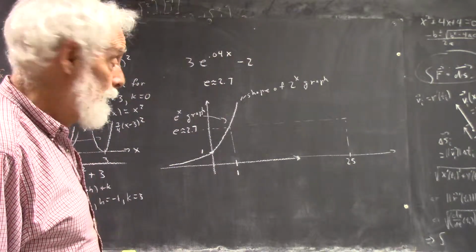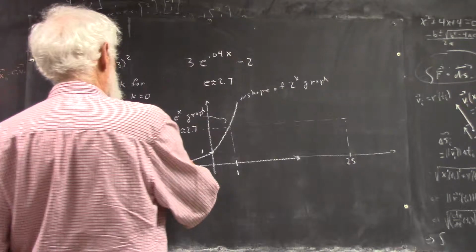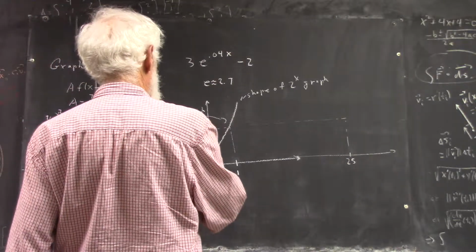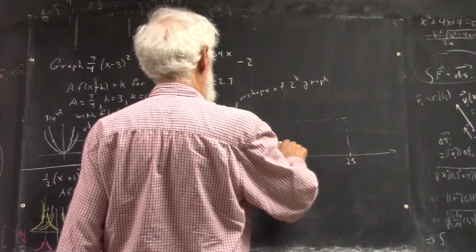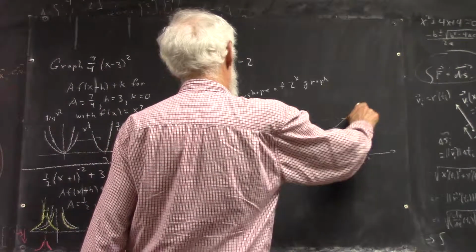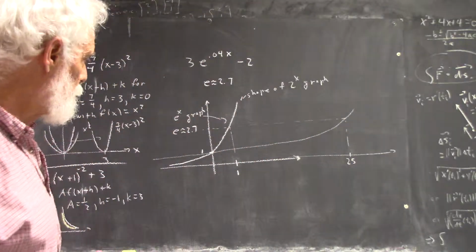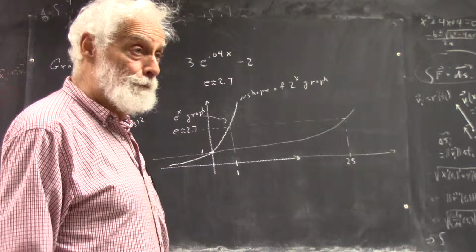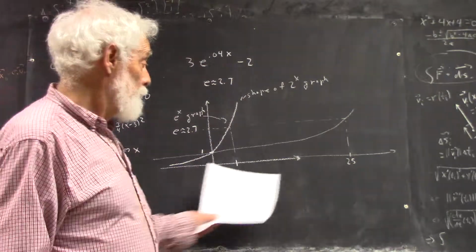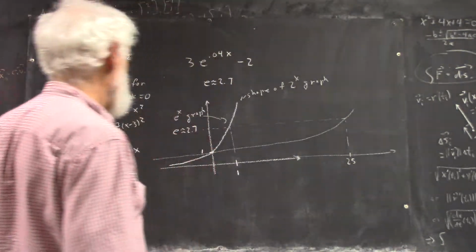Then your exponential function is going to look more like this. Didn't do a very good job there. I stayed flat too long, but get the idea? So it takes 25 years to get up to e.